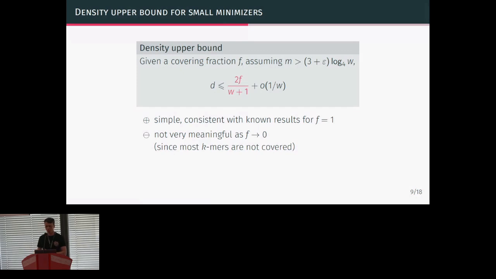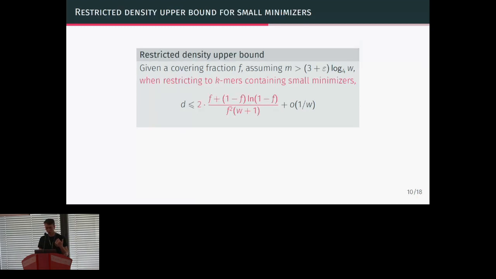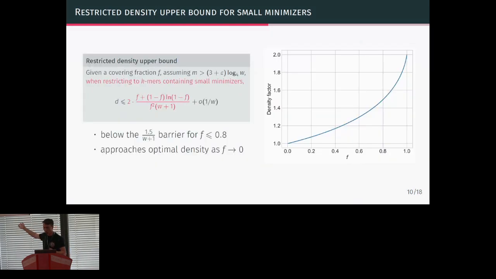But as f tends to zero, most k-mers will not be covered, and it's not really meaningful. So we tried to improve that, and we ended up with this formula, which I won't read, but here's a graph that shows the same thing.